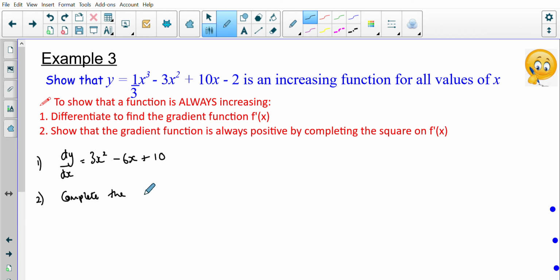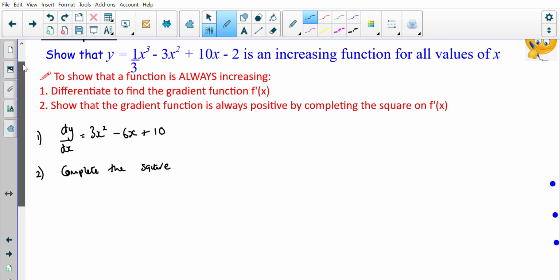So this is good revision on completing the square when a is greater than 1. So remember, when a is greater than 1, the first thing we're going to do is factorise the 3 out of the first two terms.